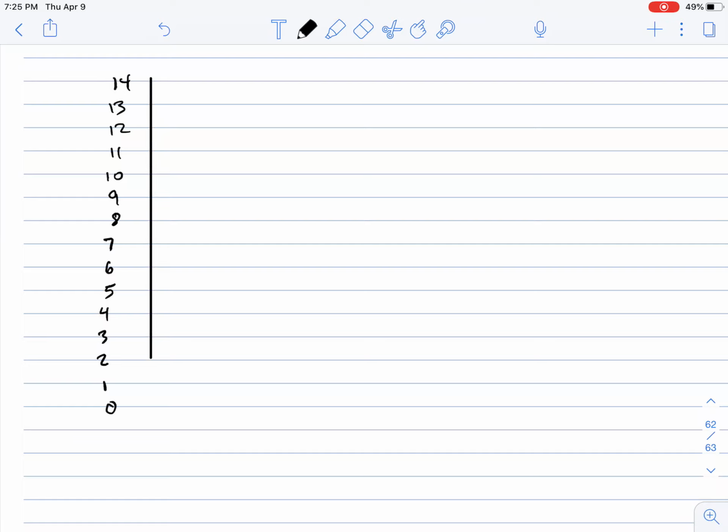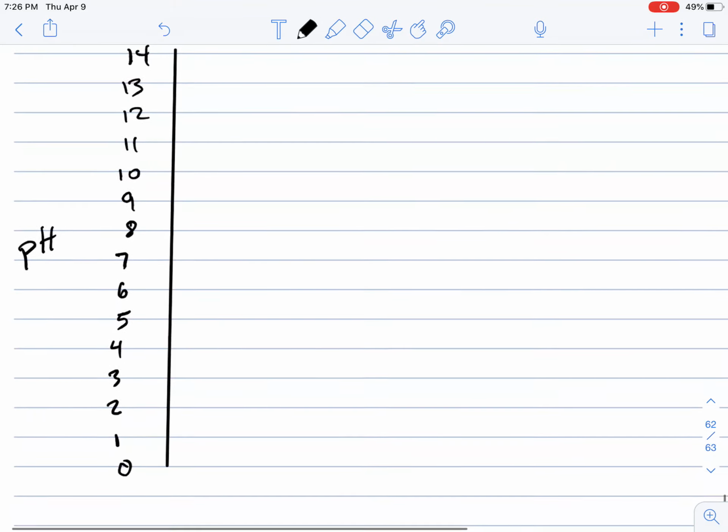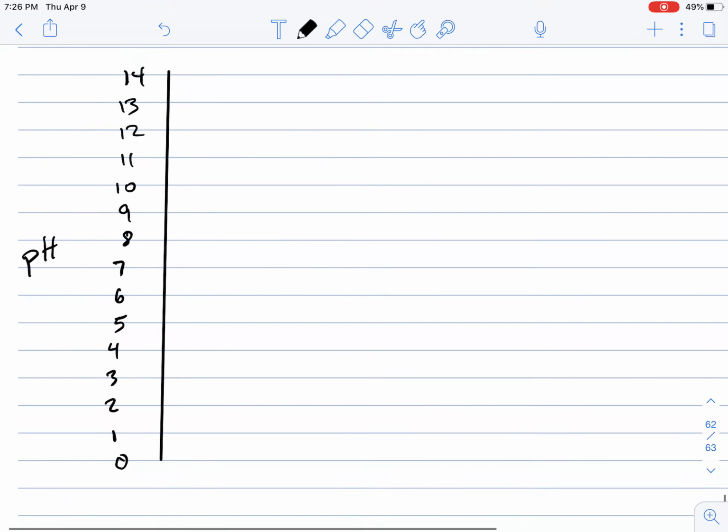And so when you guys are sketching your titration curve, please remember that the pH is on the y-axis. The scale is always from 0 to 14. I mean, it can go higher, it can go lower, but based on our calculations, it actually doesn't go higher than 14 or lower than 0.